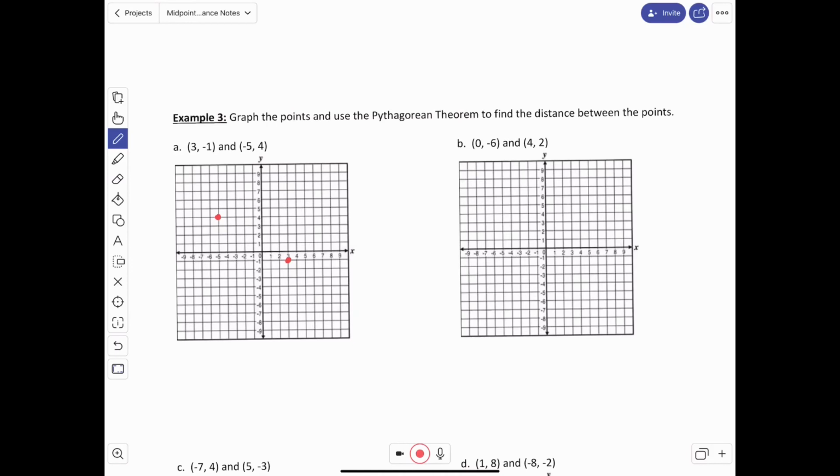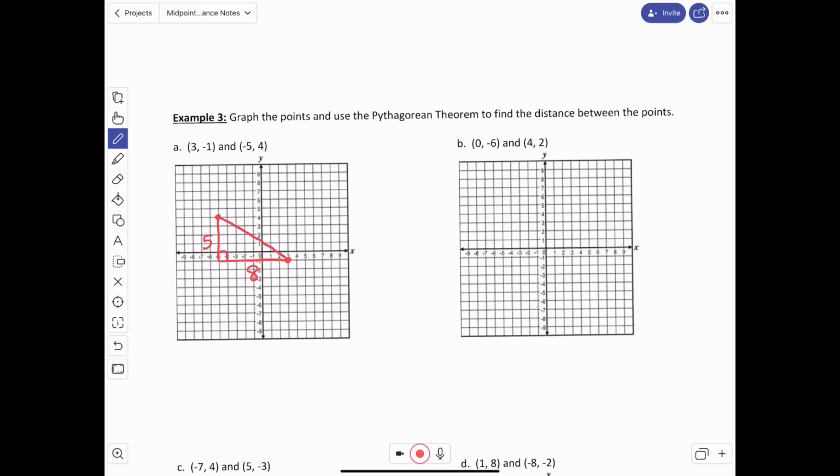So what I do here is I'm going to count the distance on my graph here. So I've got 1, 2, 3, 4, 5. And 1, 2, 3, 4, 5, 6, 7, 8. Okay? I've got 5 and 8 here. And so I've formed a right triangle.